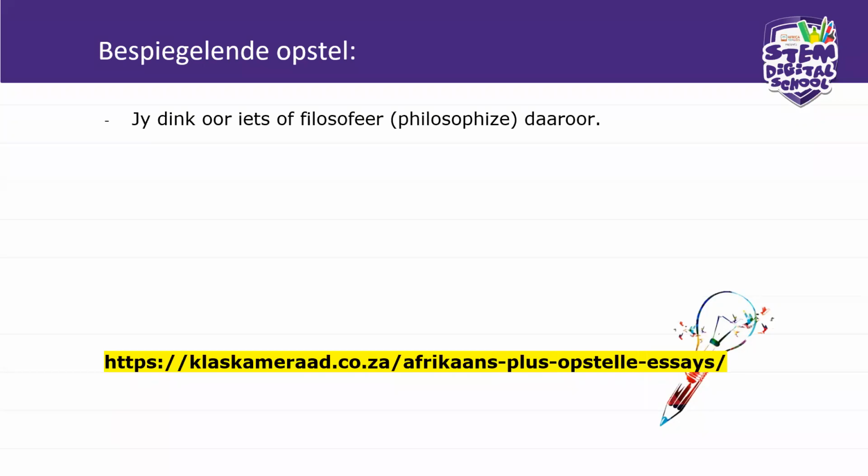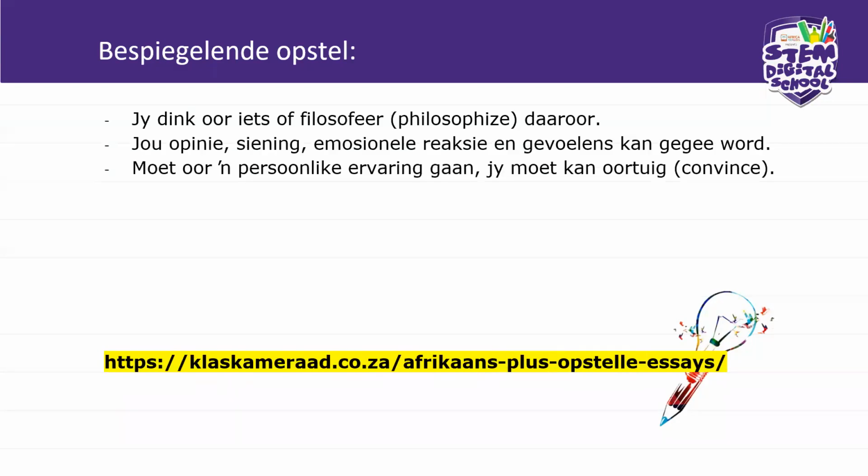So there is a topic and you're going to talk about it. You're going to give your opinion and the opinions of others. And then your opinion, view, emotional reaction and feelings are given. So your emotional reaction towards it, your feelings, what you see and believe, your opinion is what you're going to give in this bespiegelende opstel.